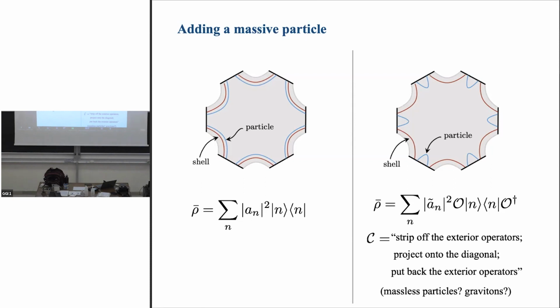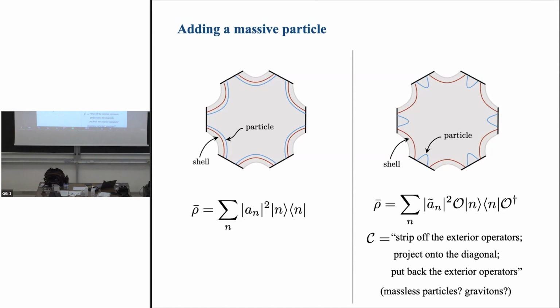From the way that I've described this, it was important that I took these locally eternal solutions and then added massive particles. There are other things that would be nice to be able to do, like to add full back reaction, or to add massless particles, or to just turn on general sources. That's not going to work, at least not in such a simple way.